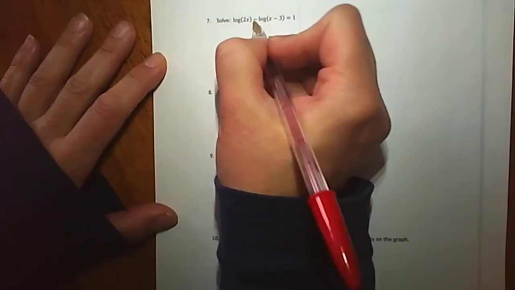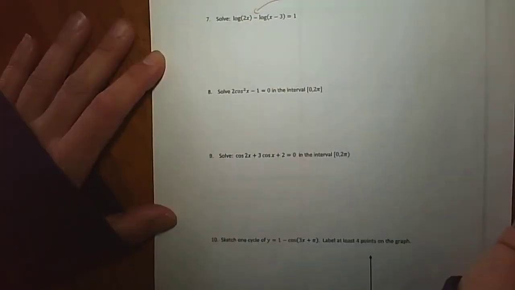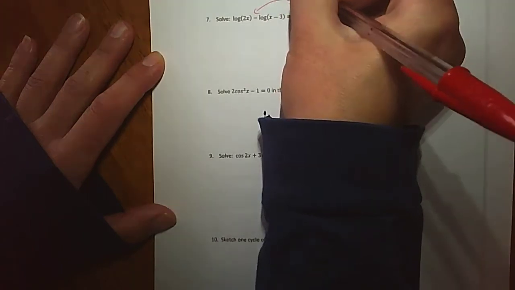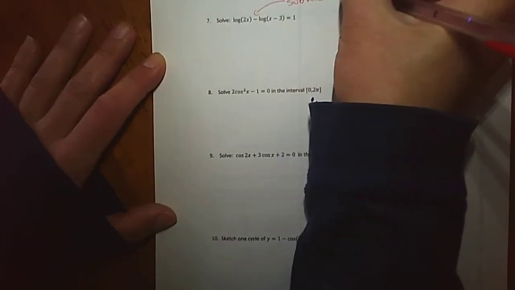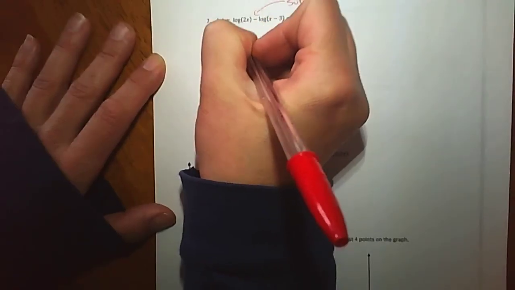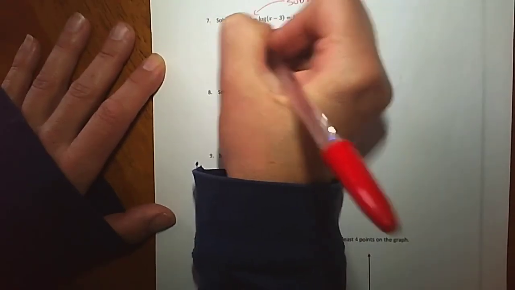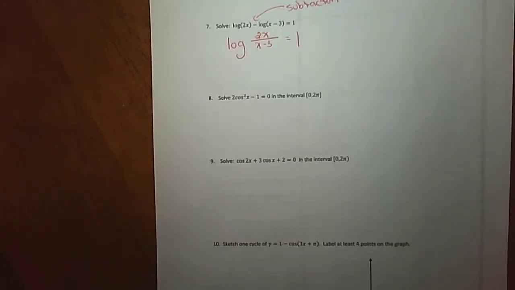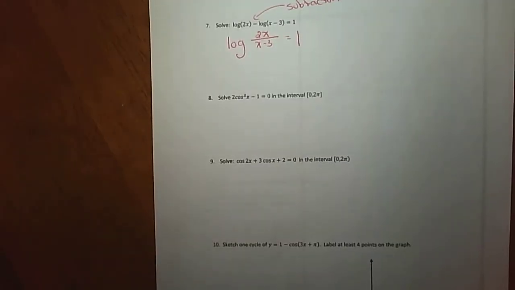So in the land of the logs, I'm going to rewrite that as subtraction becomes division in logs, right? So this is going to become log 2x over x minus 3 equals 1. So anytime you have 2 logs subtracting, as long as they have the same base, and what would the base be for these if there's nothing there?